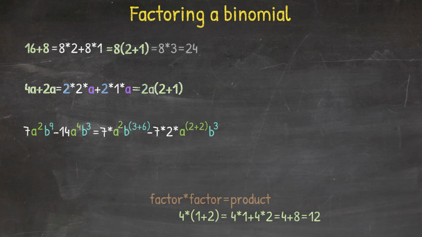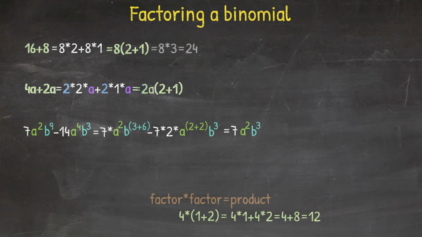Let's now look at both terms in this format and identify common terms, the ones that we can pull outside the brackets. And we can see that both first and second term share number 7, so that goes outside the bracket. Then we have a squared, that is also a common factor of the two terms. And finally, we have b cubed as a common factor of the two terms.